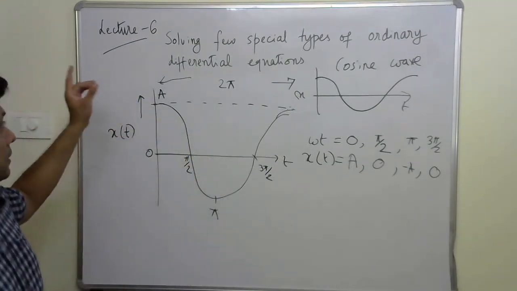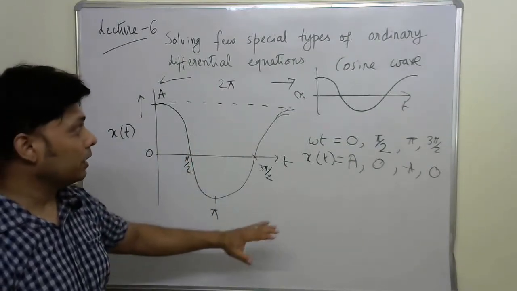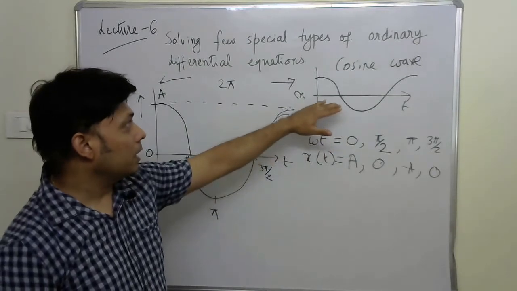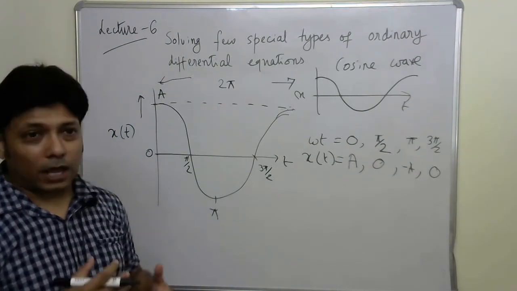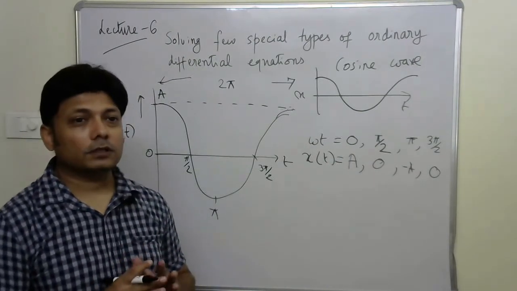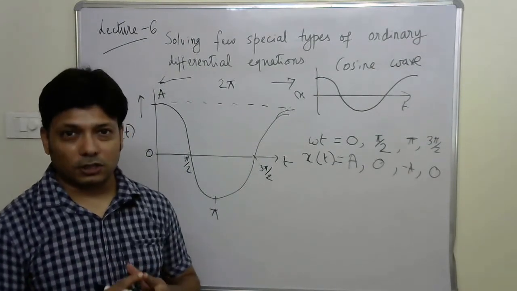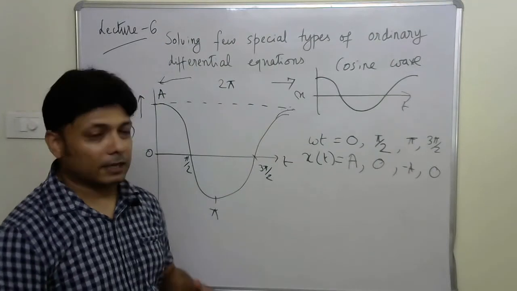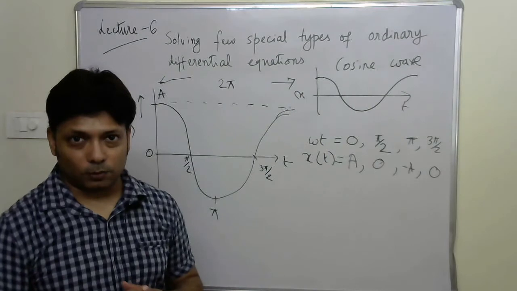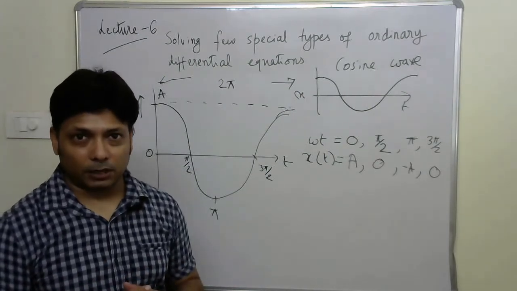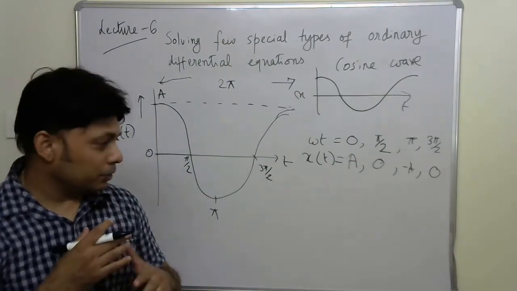In other words, a simple harmonic oscillator would give the specific solution x(t) is equal to A cos omega t, and the corresponding graph plot is a cosinusoidal wave. So you see that very casually we solved the differential equation representing simple harmonic oscillation. This type of differential equation is really helpful and has practical applications.